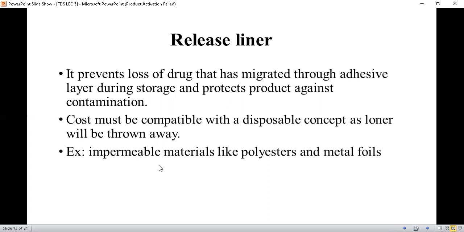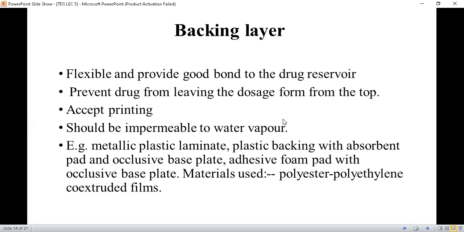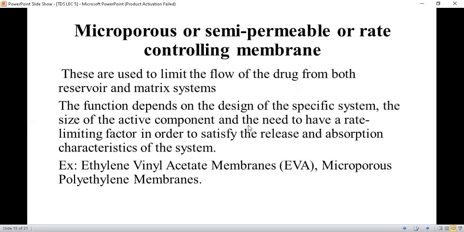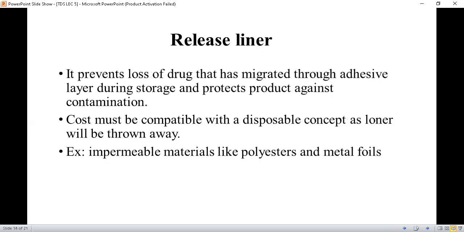This is a release liner, which will have to be removed from the skin before applying. Examples are impermeable materials like polyesters and metal foils.